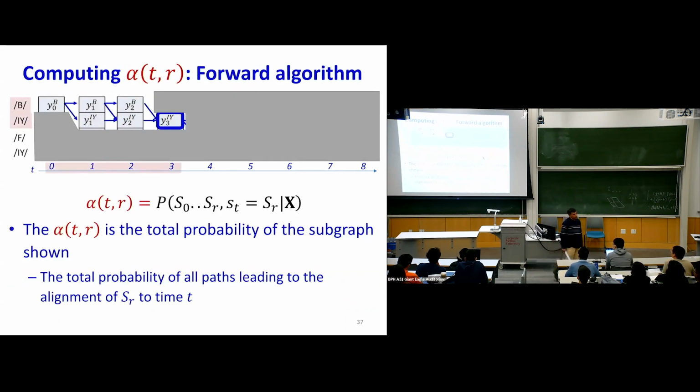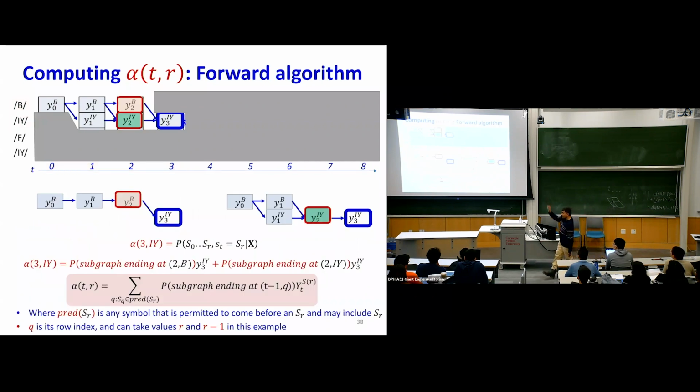So what is this probability? How do I compute the probability of aligning everything on this portion of the graph, the probability of aligning the first two symbols such that the rth symbol is aligned to time t? If you look at this, I can get to the YE3 from one of two places. I can either get to it from B2 or E2.